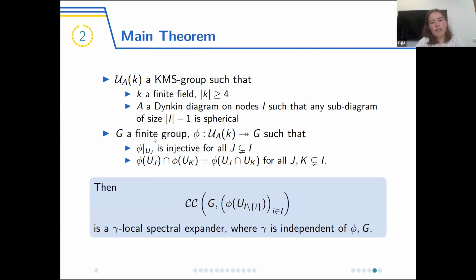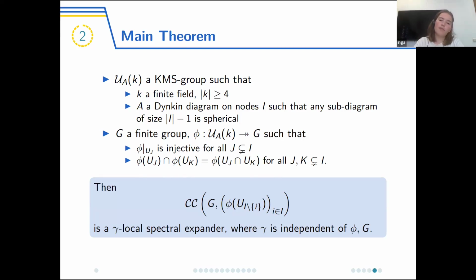The second ingredient is a finite group, a finite quotient of our KMS group, such that the quotient map is injective on all these subgroups U_J. And we need even more injectivity: the intersection of the images of two such subgroups must be the image of the intersection.